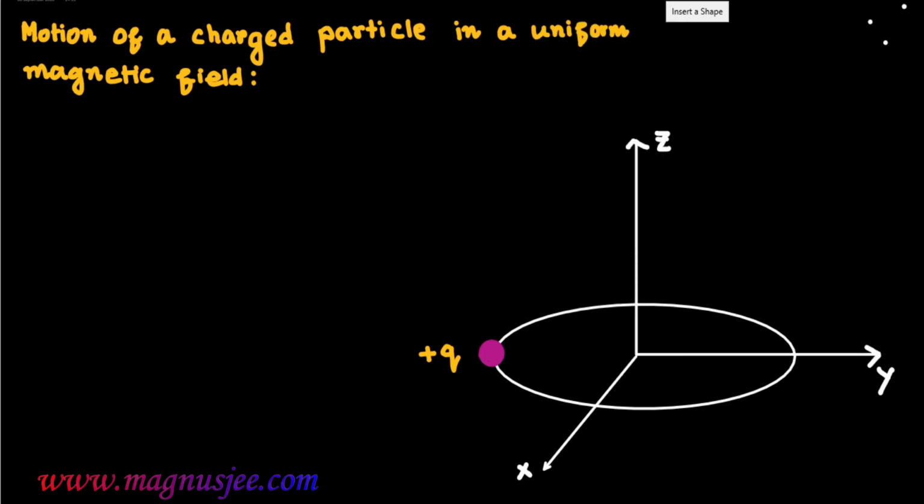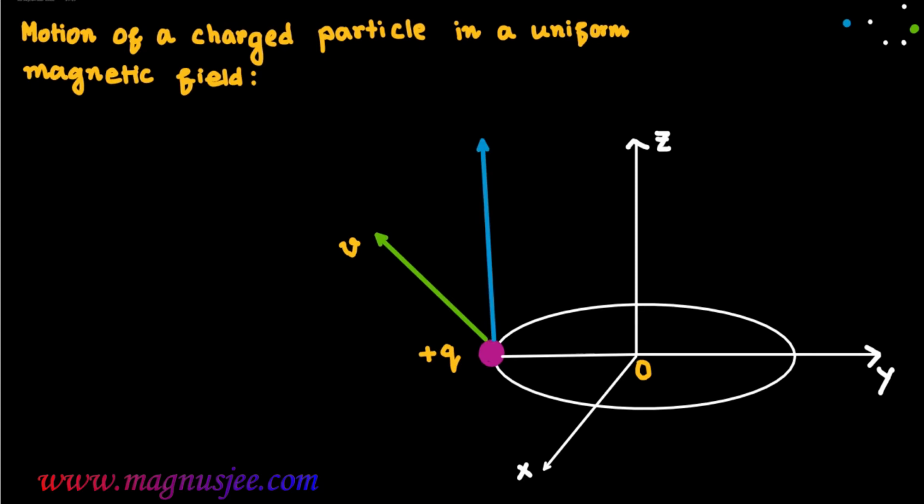The positively charged particle is moving with velocity v in the XY plane, and O is the center of this circular orbit.